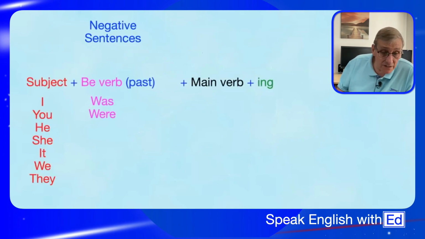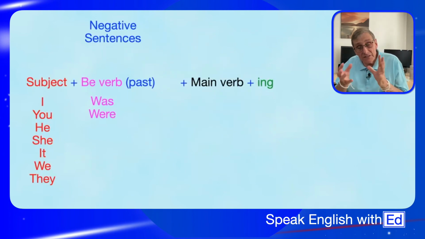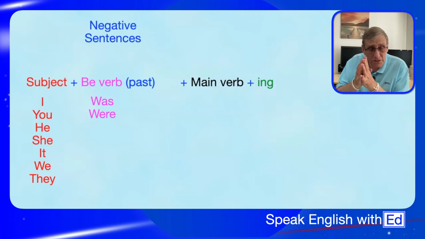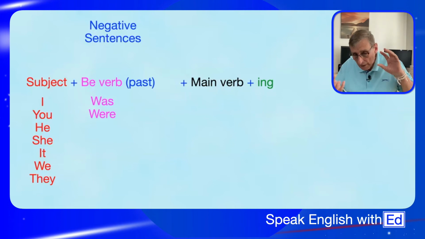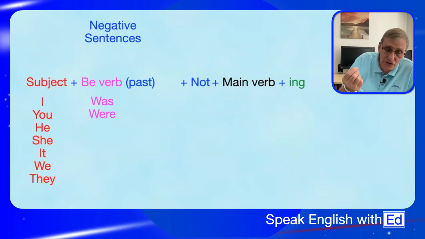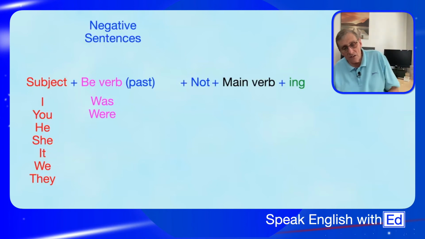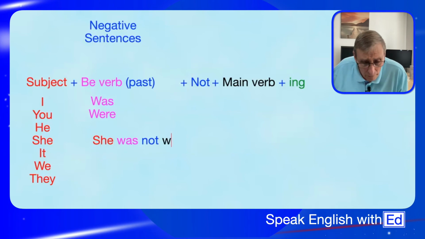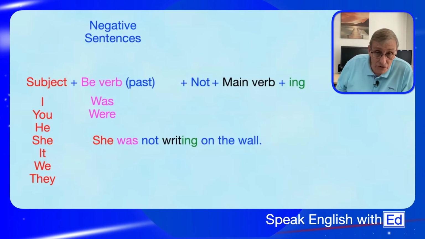So negative sentences. Negative sentences is pretty much the same, only one slight difference. We need to drop in the word not in between the be verb and the main verb, right? So how is that going to look? Well, she was not writing on the wall.